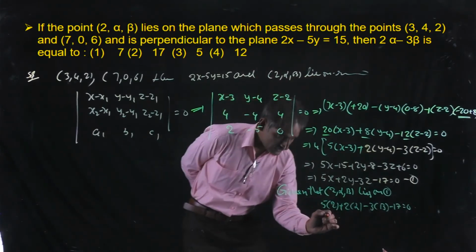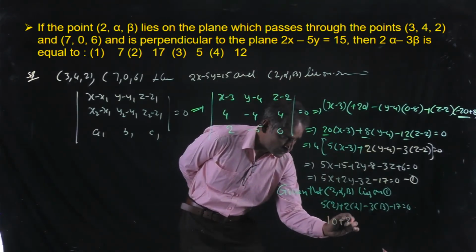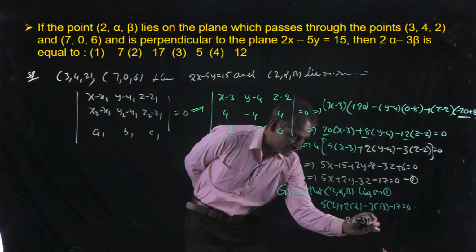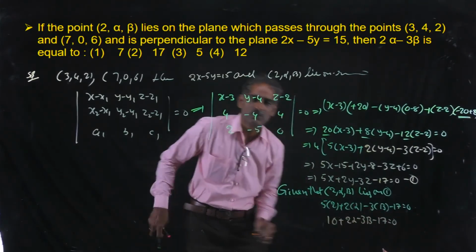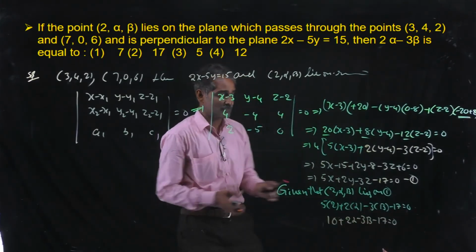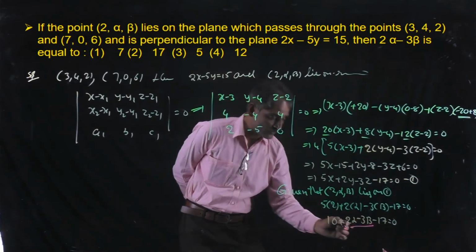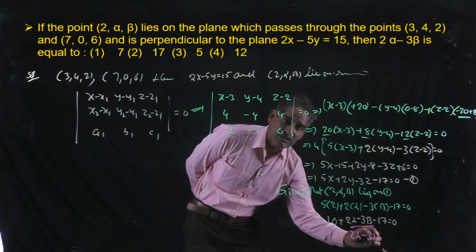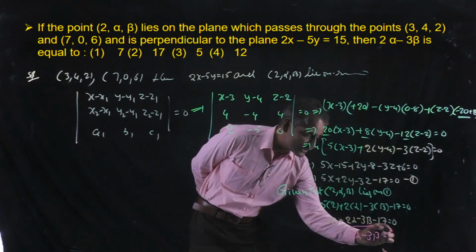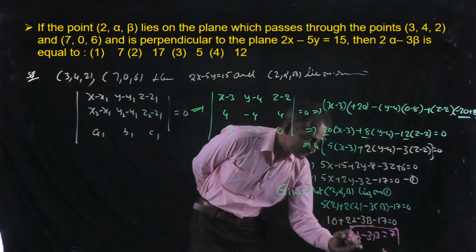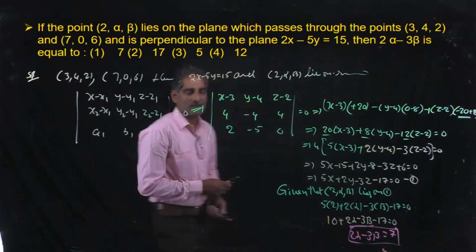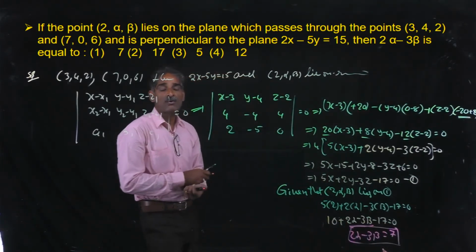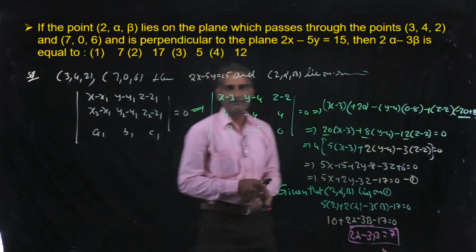Then 10 plus 2 alpha minus 3 beta minus 17 equal to 0. From this we can write 2 alpha minus 3 beta is equal to 7. This is what he asked, the value of 2 alpha minus 3 beta.